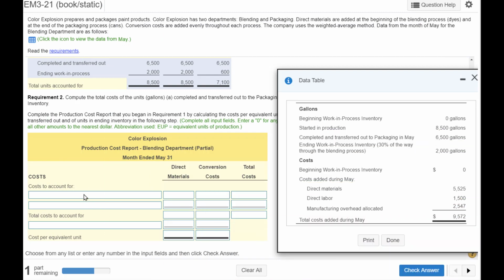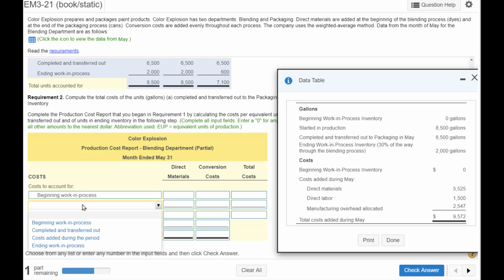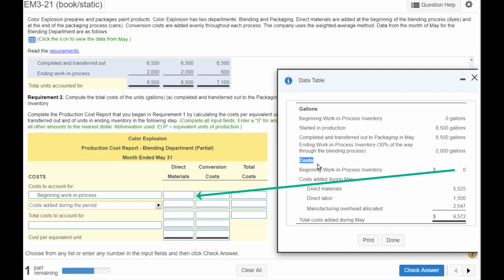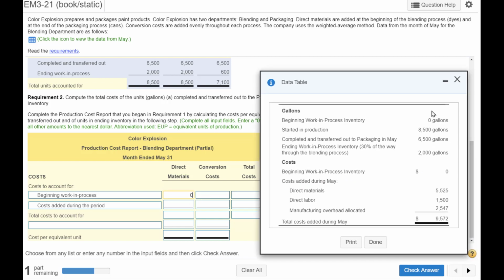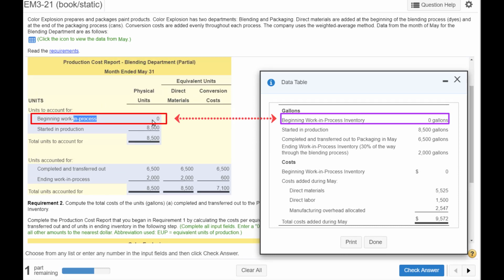So the first step we have to do, cost to account for, is the beginning work in process, and then the costs added during the period. So we're going to consult our cost section of the table over here. Beginning work in process, dollar-wise, is 0. And that makes sense because, let me scroll up a little bit, we had beginning work in process units.